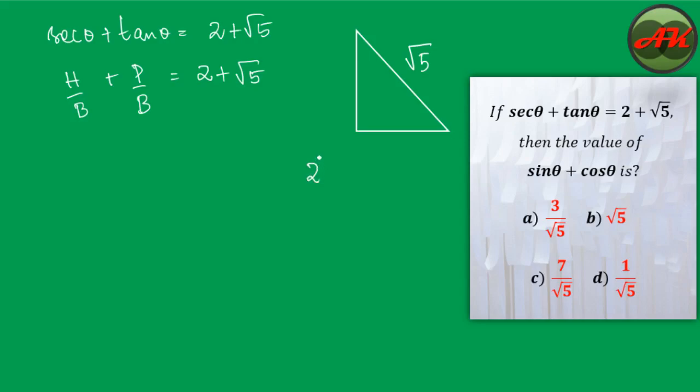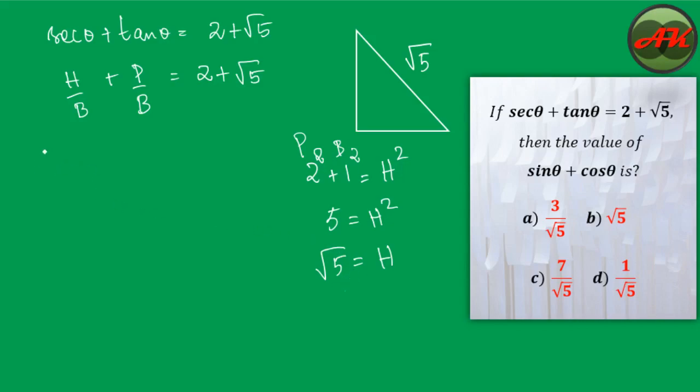Here 2 square plus 1 square is equal to hypotenuse square, right? By adding we get 5 is equal to hypotenuse square. So the hypotenuse is root 5. So 2 here is perpendicular, 1 here is base, and at last we got root 5 as the hypotenuse.